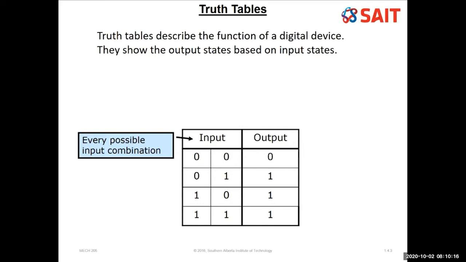Now, when I develop a truth table, often I have X's. An X meaning I don't care. Okay, so this helps simplify my truth table. I can get rid of those inputs and outputs. I don't really care if the light is on or off in certain conditions, so I'll often ignore that.